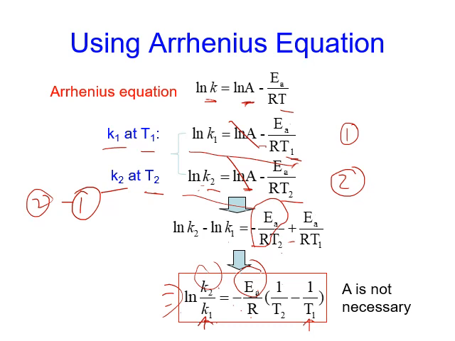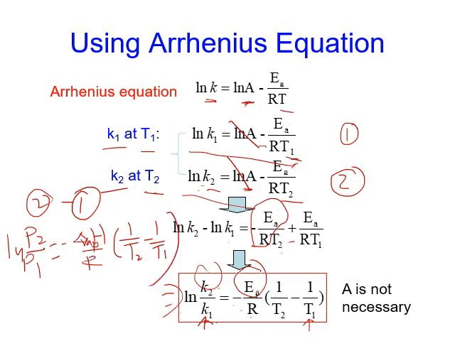Now this equation reminds you of some equations we learned in Pchem 1. For example, the Clapeyron equation says ln P2 over P1 equals negative delta H vaporization enthalpy times (1 over T2 minus 1 over T1).